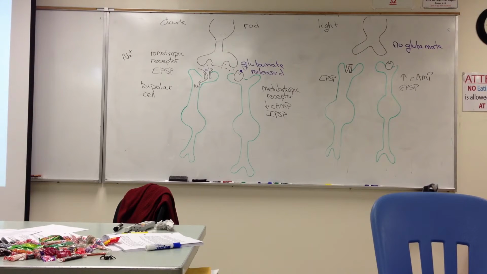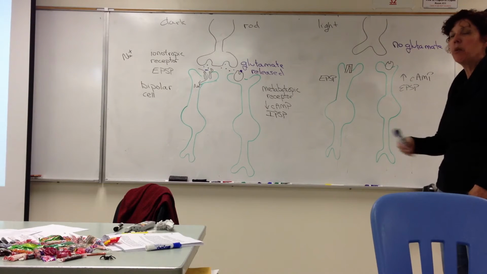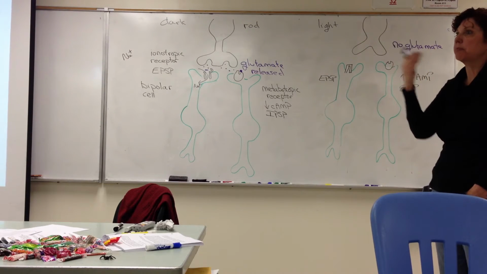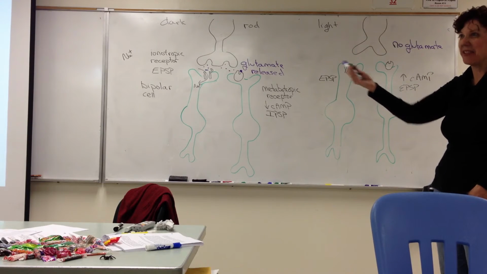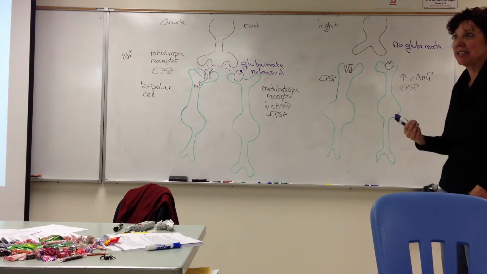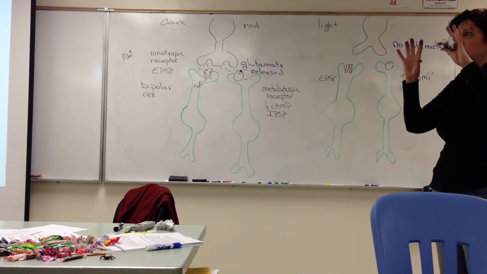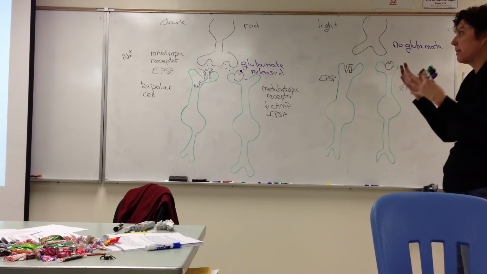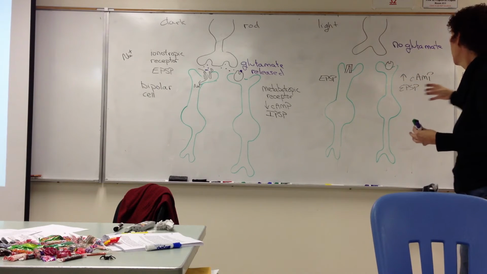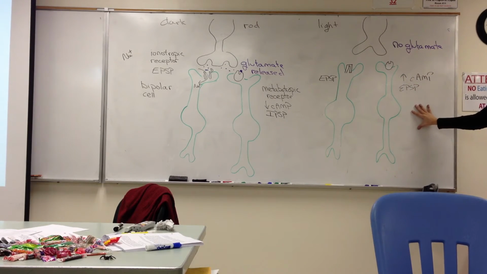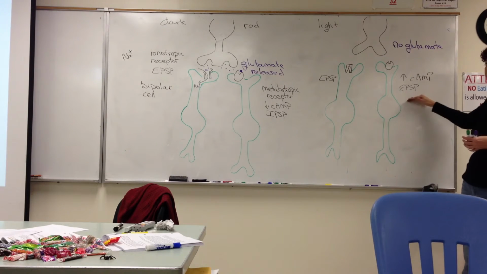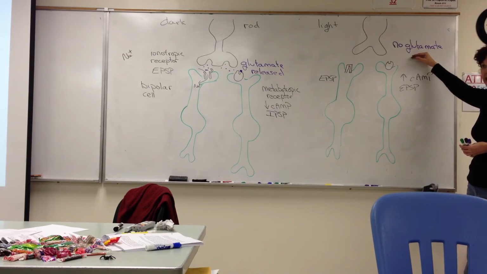So what's the difference between the dark and light in terms of how we see things? Eventually we are actually forming images. When we see something, most of the reason we see something is because downstream neurons are activated. So most of our bipolar neurons would be activated in response to light.